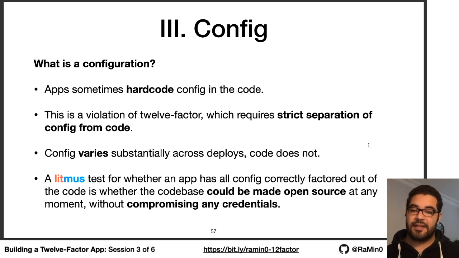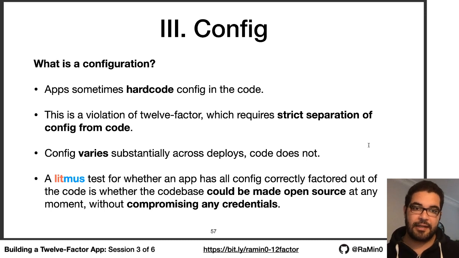In case there is sensitive information in it, most probably the answer will be no. No, you cannot make it open source because of the credentials that you will be exposing to the world. And in this case, this kind of value should be considered a config that should be abstracted away from the code base of your app and provided to the app in some other way that we'll discuss in a second.